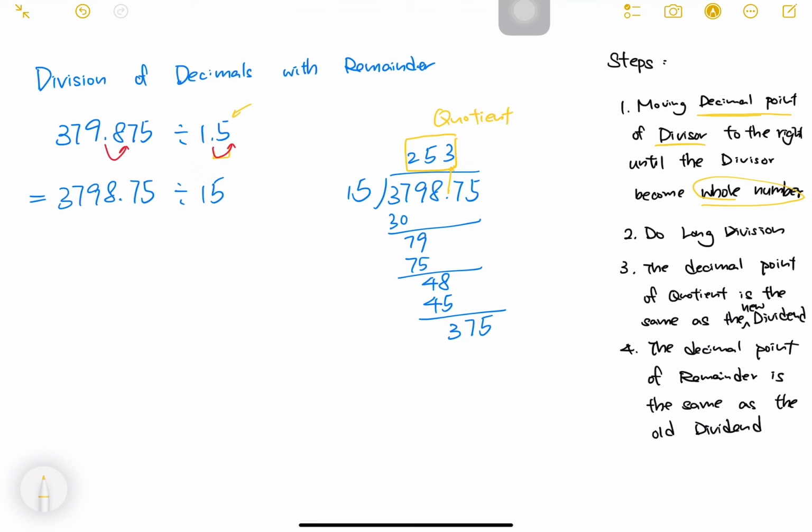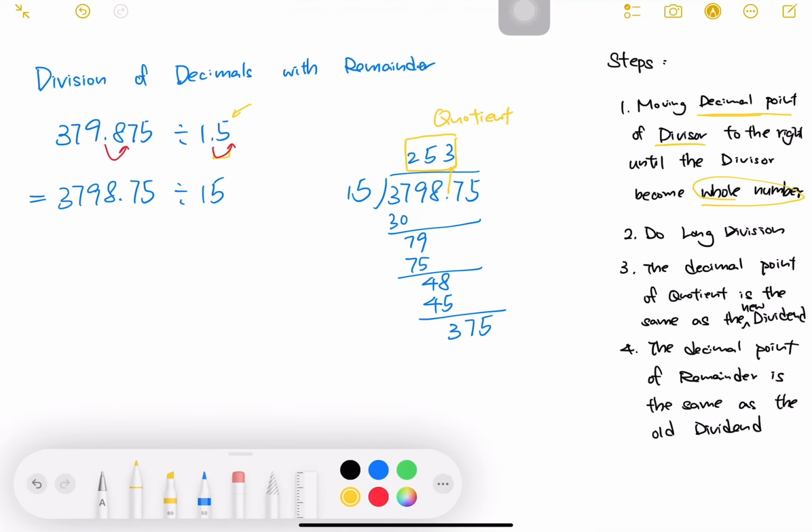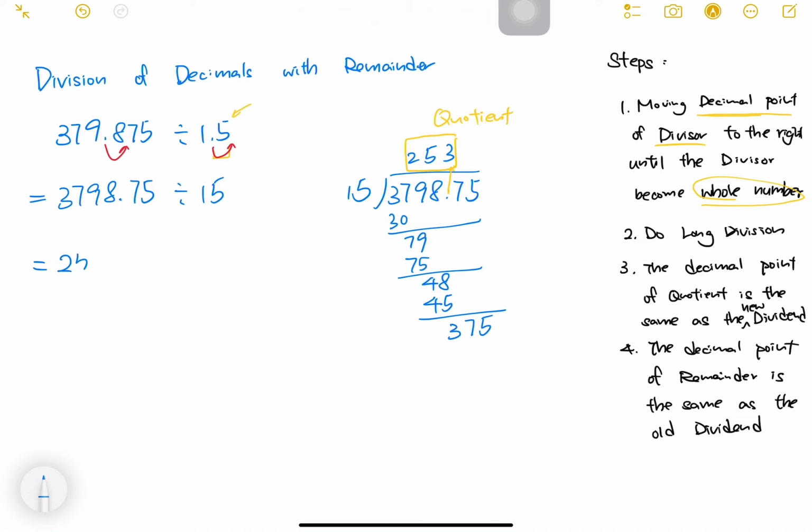So the quotient part at that time is 253, and we just add the decimal point to get our quotient part. So we have 253, and then we use 3 dots to represent the next number, which is our remainder.